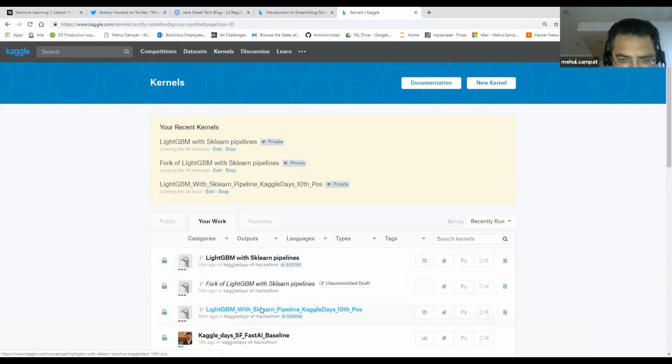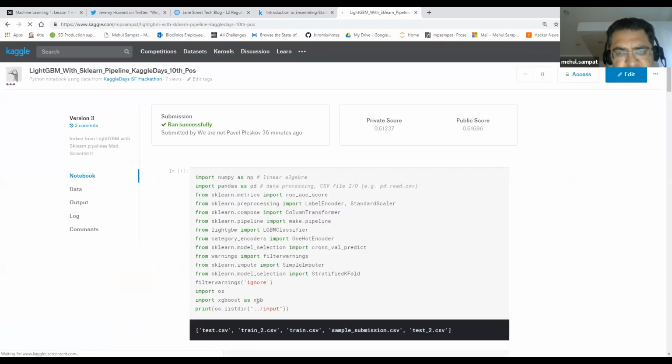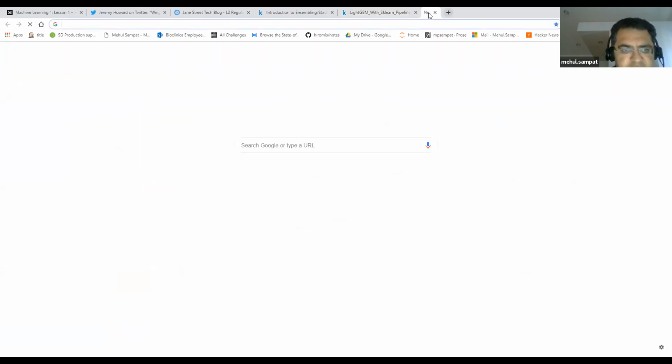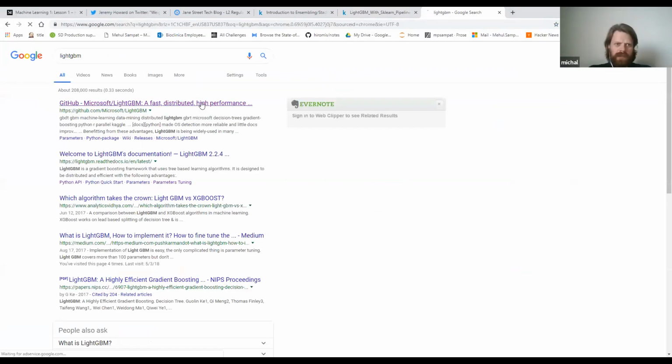I have used gradient boosted decision trees, and there's another very popular package called LightGBM. It's from Microsoft, I think.